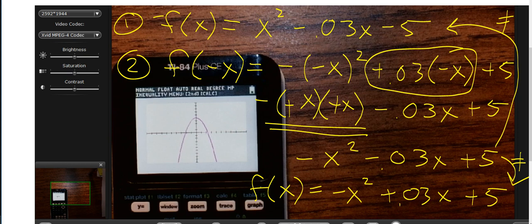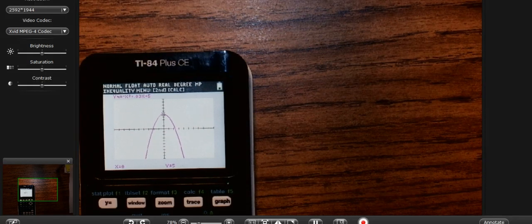Good question. So we hit the trace button. We type a 1. What do we get when we type a 1? What'd you get when you typed a 1, put a 1 in? 4.03.